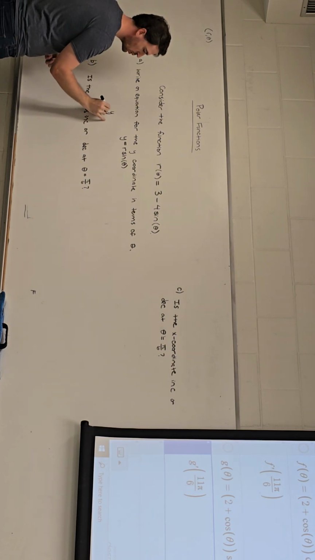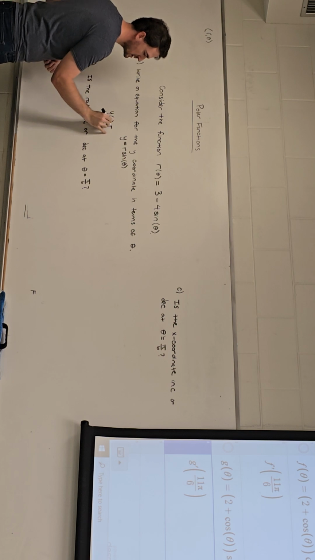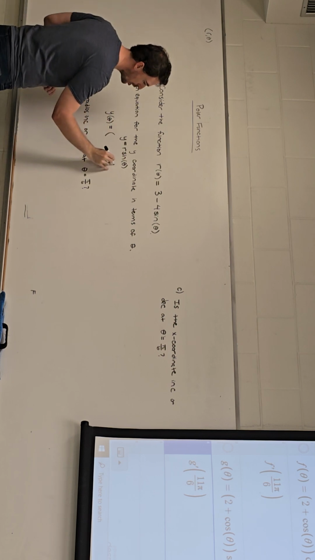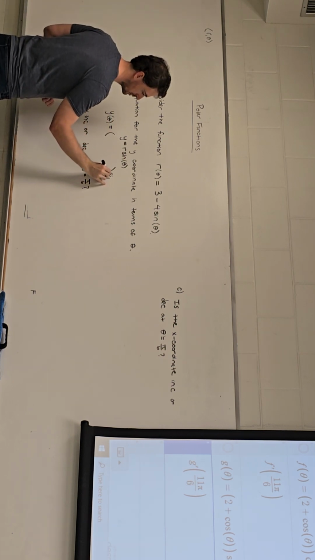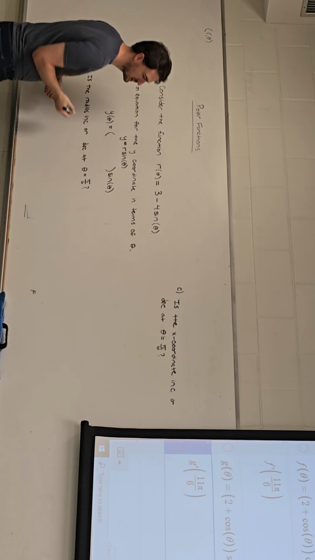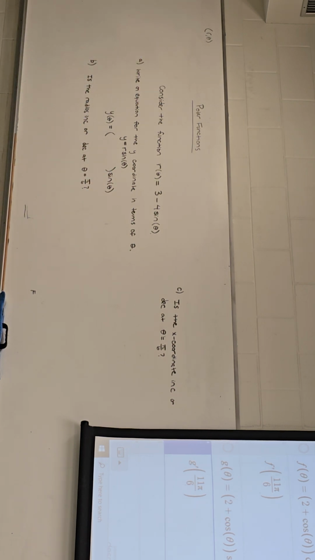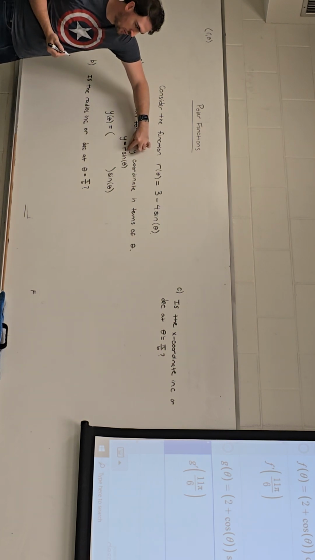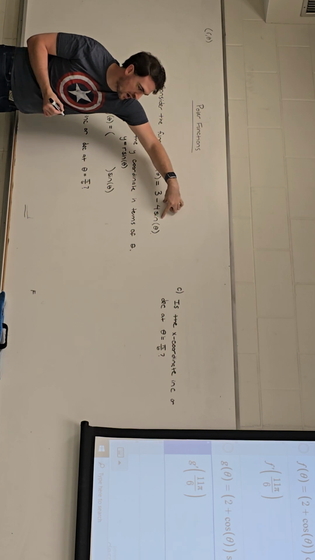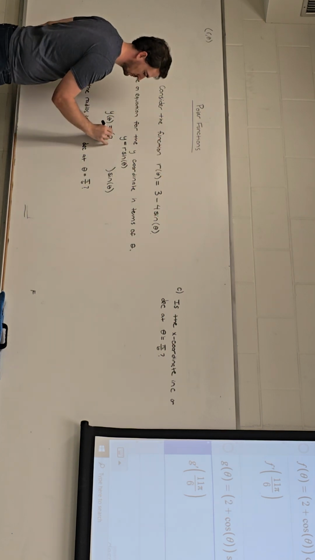So my y-coordinate in terms of theta is going to be r times sine theta, where r itself is 3 minus 4 sine theta.